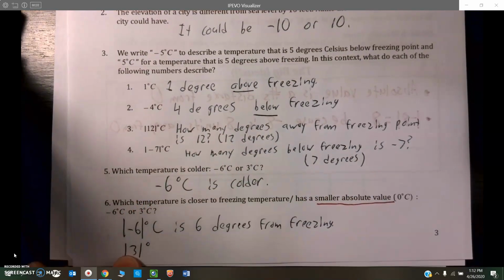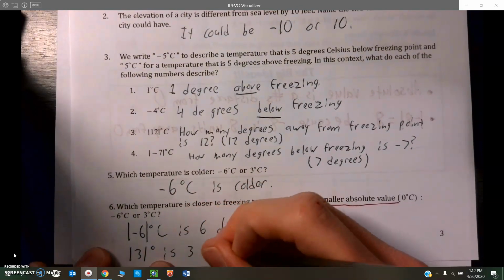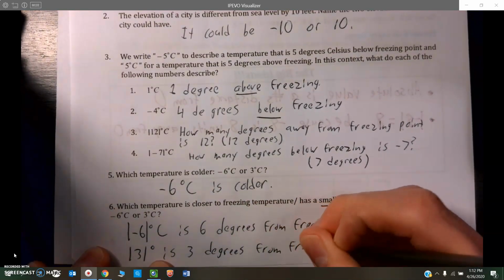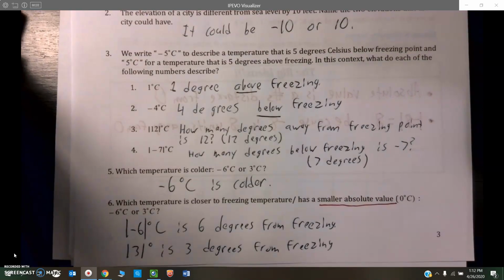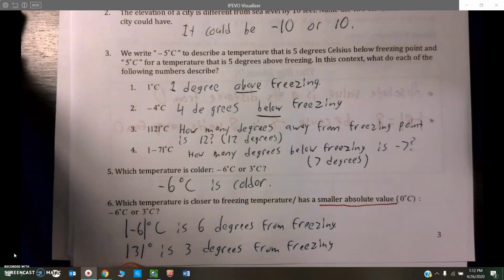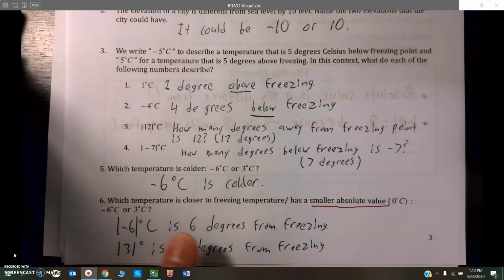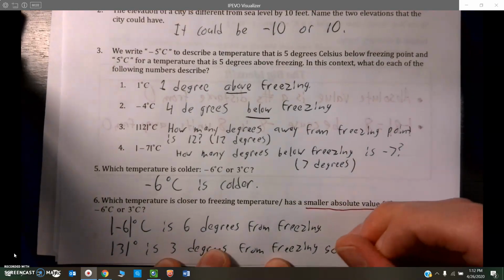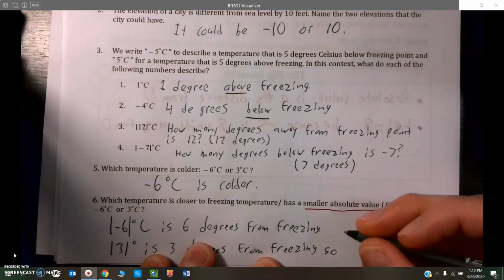The distance of 3 degrees from freezing is 3 degrees. So which one is closer to freezing point? 3 degrees is closer. It's only 3 degrees away from 0, and -6 is 6 degrees from 0. So 3 degrees is closer, meaning it has a smaller absolute value.